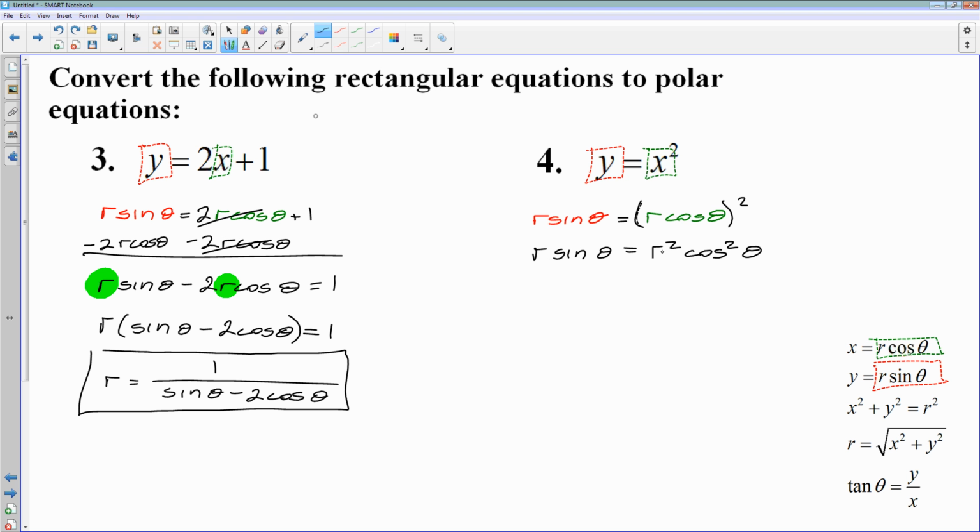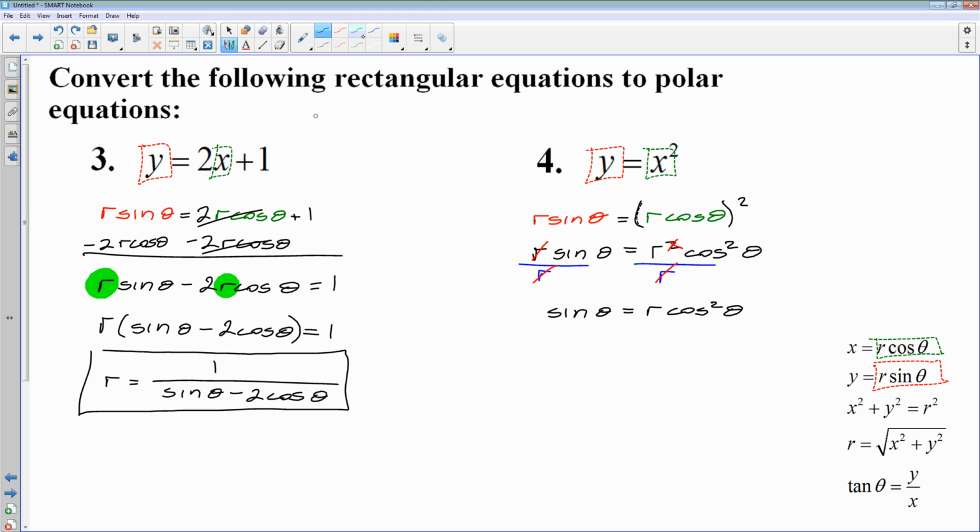I'm tempted to subtract one of them over, but since my r's are a little bit different, what I see here is if I divide both sides by 1r, over here my r's cancel, and right here this r is going to cancel one of those, leaving me with sine theta equals r cosine squared theta.